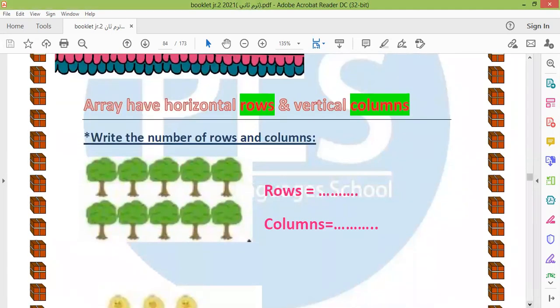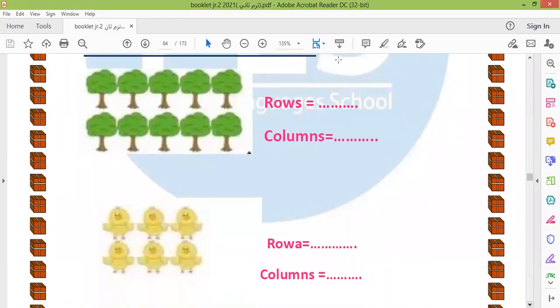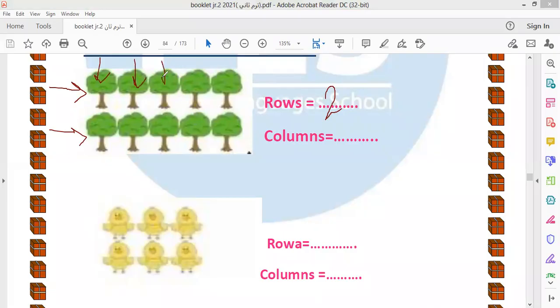Write the number of rows and columns. We have here 1, 2 rows and columns. 1, 2, 3, 4, 5.